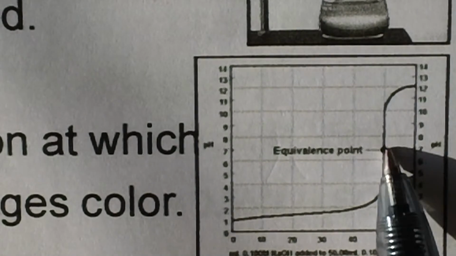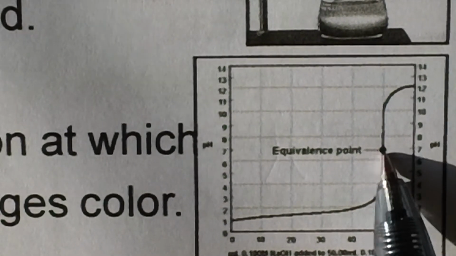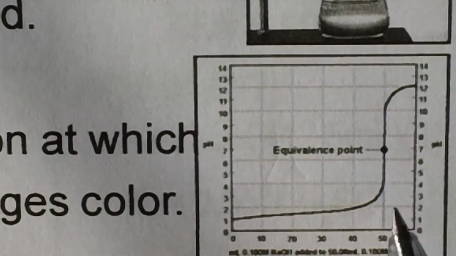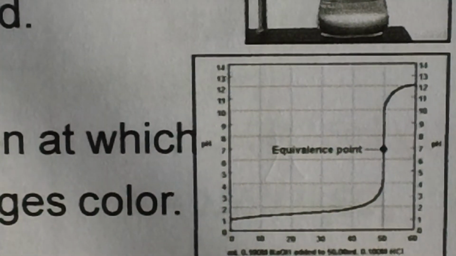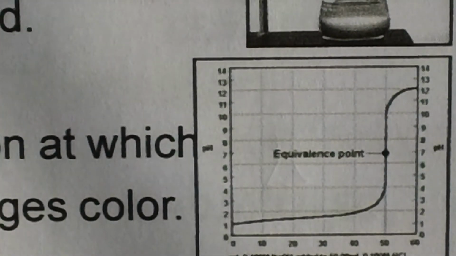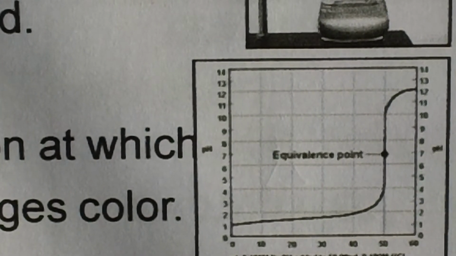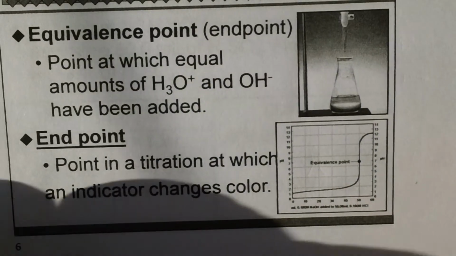And then once it hits 50, once it hits that equivalence point, the pH jumps really quickly. It's a hard little point to find. And then after that, we had 51 mils, all of a sudden we're really basic. So lots of times it's really tough to find the equivalence point in a titration. It takes a little practice using the equipment. So anyway, that's our equivalence point or end point there.